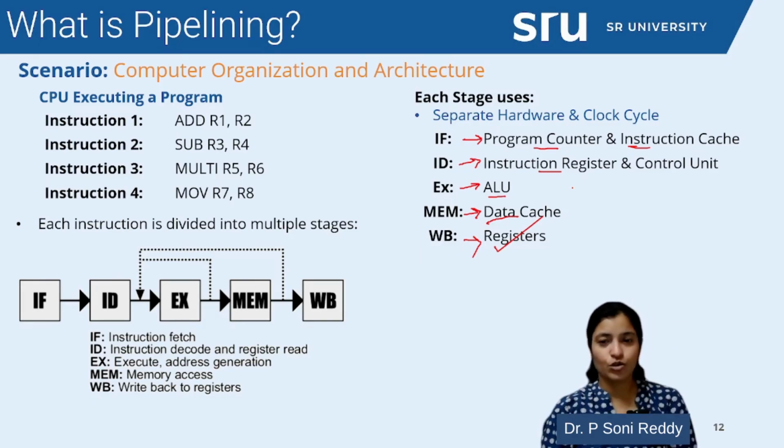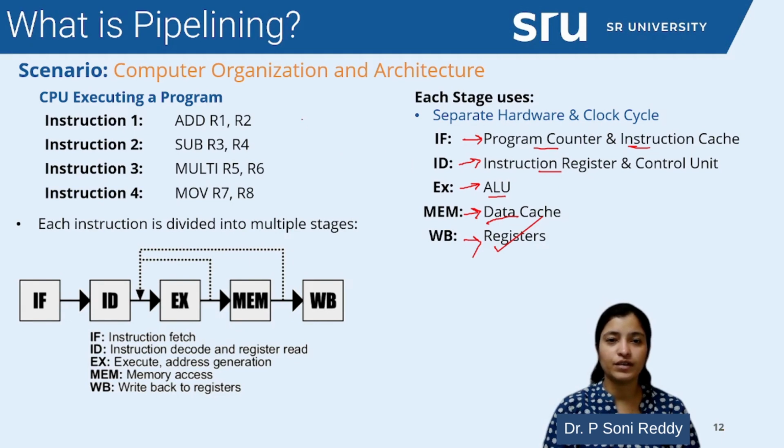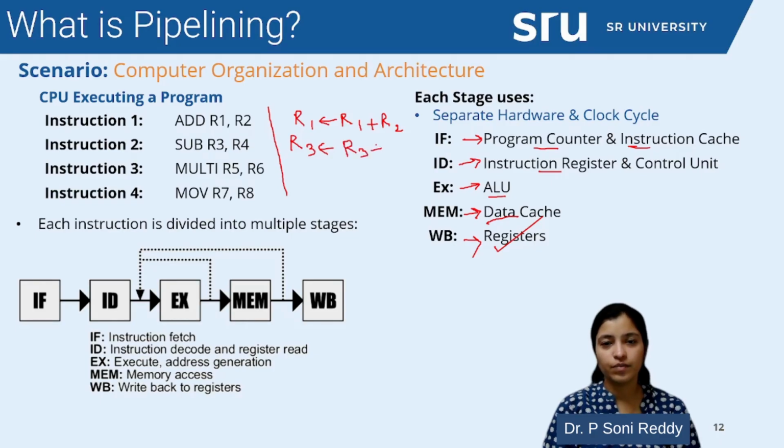Okay, so this is the major operation here. If you divide each step, in the first instruction we are doing nothing but calculating this. If I want to write this in notation form, we are doing this in the first instruction. In the second instruction, we are doing R3 plus R4.